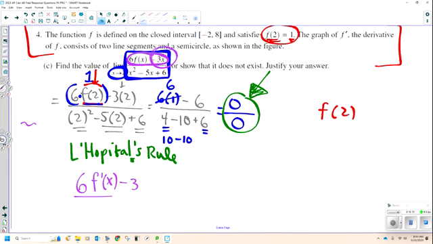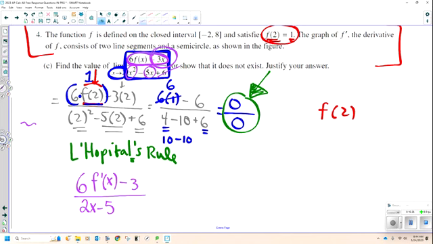That's the new numerator. Derivative of the bottom, x squared becomes 2x, minus the derivative of 5x becomes 5, and the derivative of 6 turns into 0.